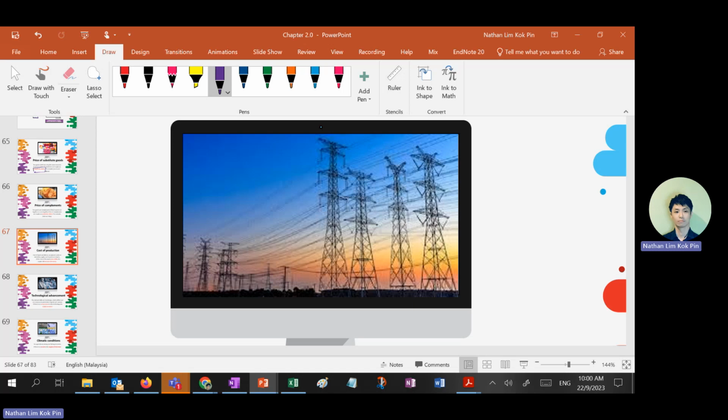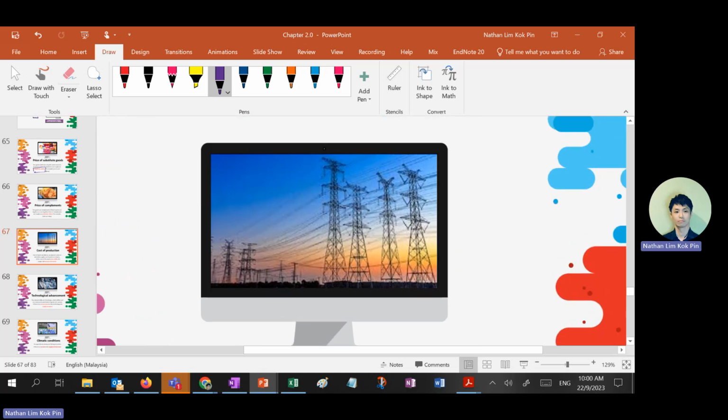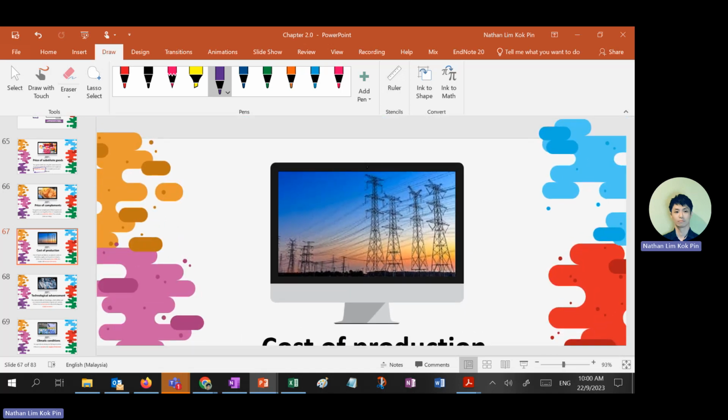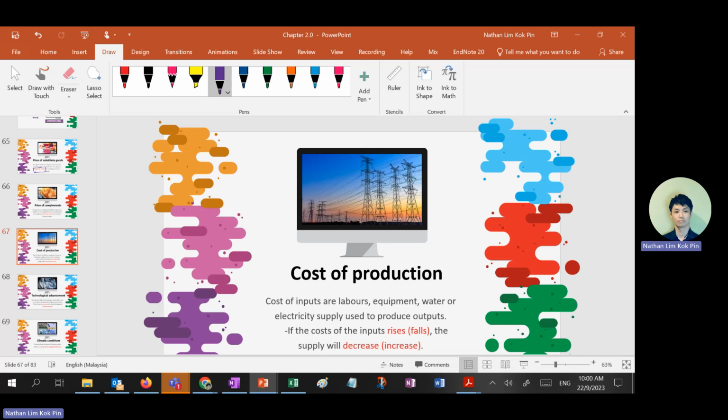So cost of production, we can also relate it to electricity, raw materials, resources. Any resources that we use to produce another thing is considered cost of production. In accounting, cost of production is known as expenses. So it includes what? Labor. If labor wage increases, labor salary increase is considered cost.